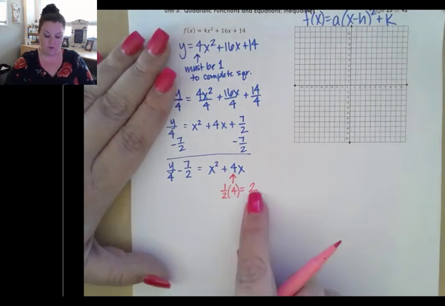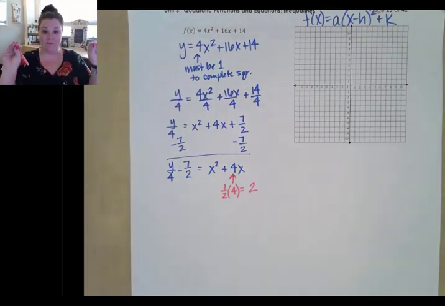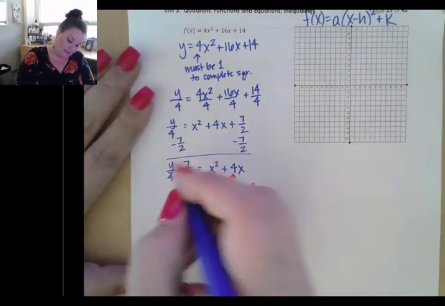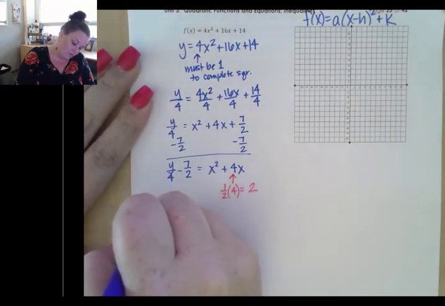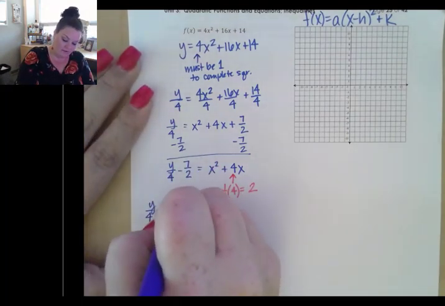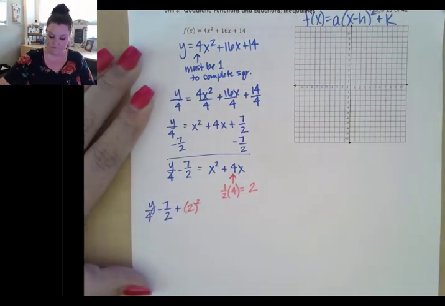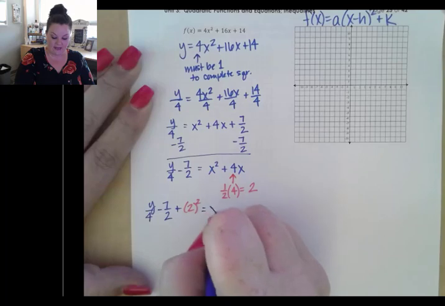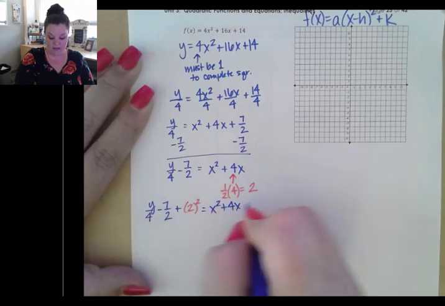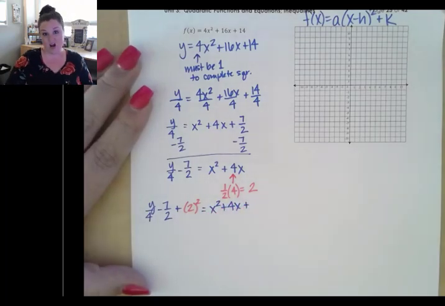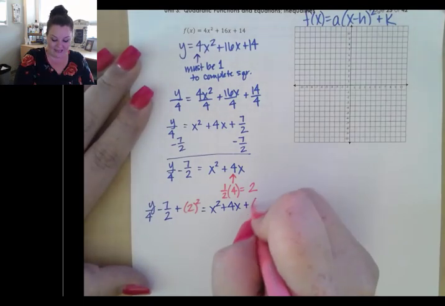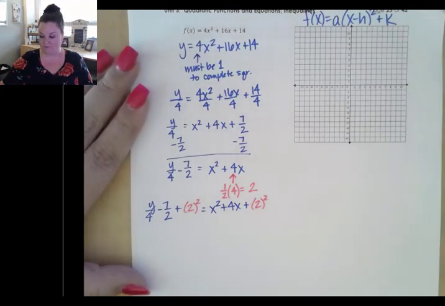Right? So 2 is what I need to square and add to both sides. So on this side, I still have y over 4 minus 7/2 plus, I'm now adding in a 2 squared. On the other side, I have my x squared plus 4x, and I'm adding in my 2 squared over there.